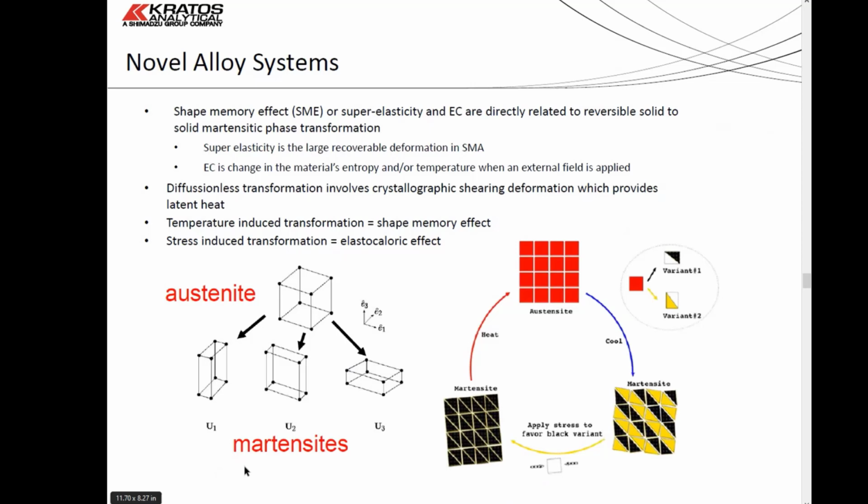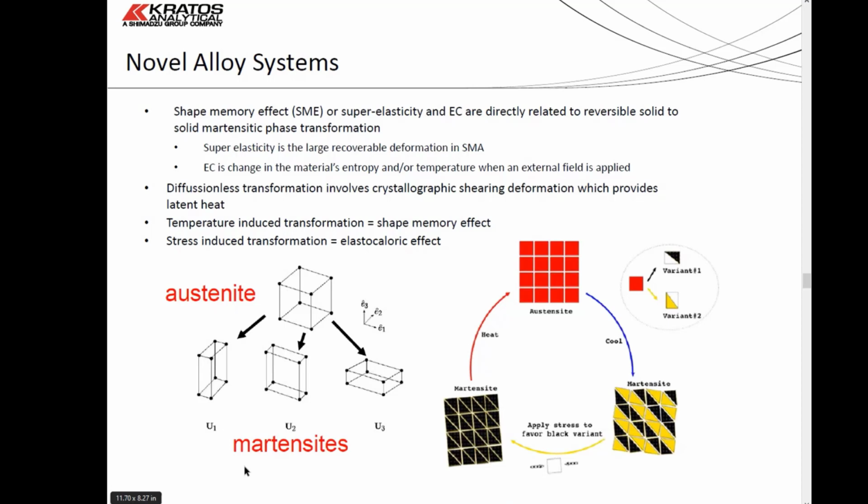Okay. The last bit I'm going to talk about is the novel alloy systems. This is to do with a material called nitinol, and it's basically used in shape memory effect alloys.